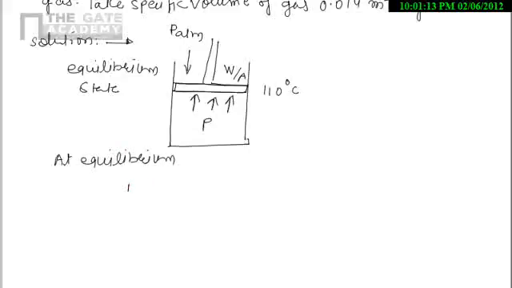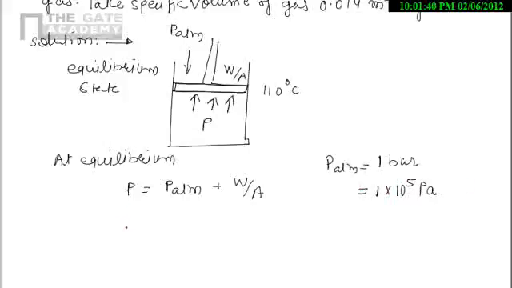I can write P equals P atmospheric plus W by A. We know atmospheric pressure is 1 bar. 1 bar is nothing but 1 into 10 to the power 5 Pascal. So here P atmospheric is 1 into 10 to the power 5.